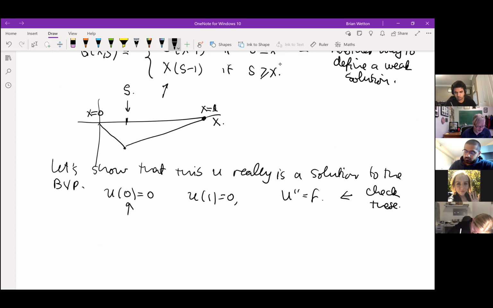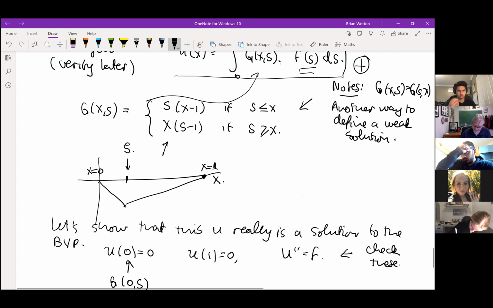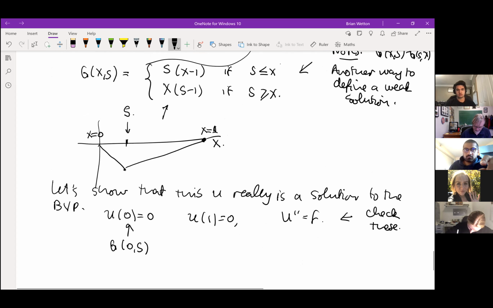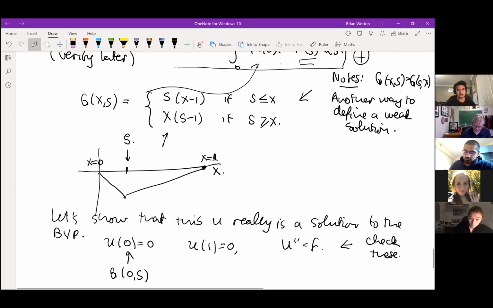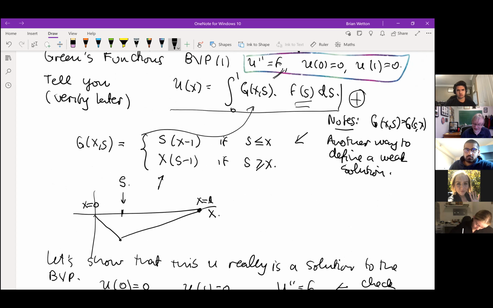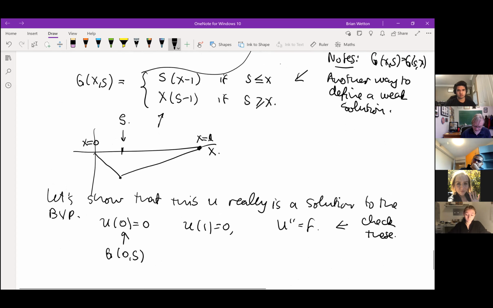So this one, if I look at G at 0 and s, right? Don't you mean s equals 0 for the Green's function? No, I'm looking at u of x, which is going to be G where x is 0, right? Mm-hmm. Right? So I want this thing.